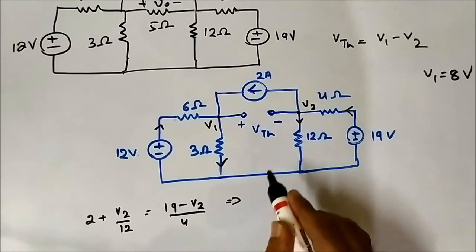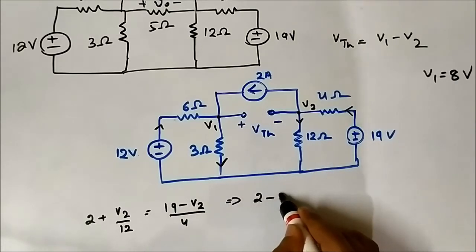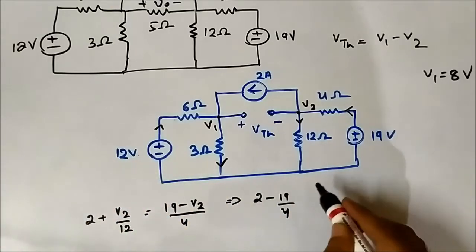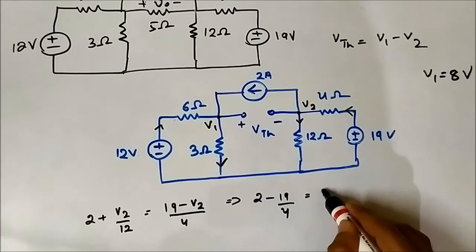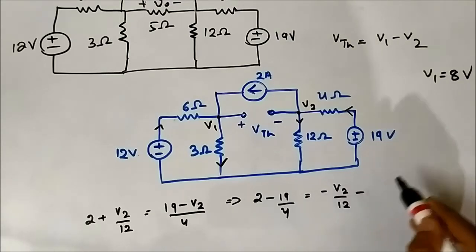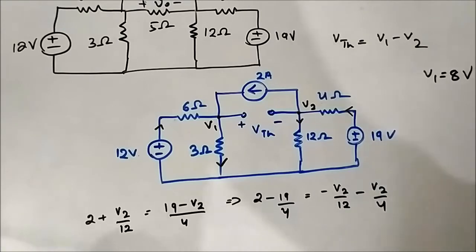That implies 2 minus 19 by 4, we have taken 19 by 4 on this side, equals minus V2 by 12 minus V2 by 4.